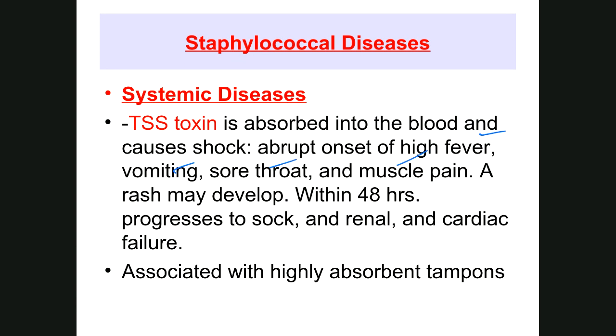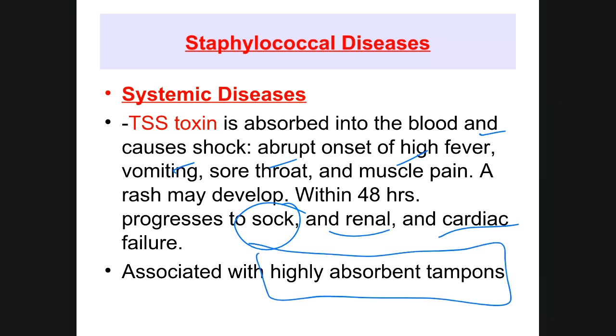However, very, very quickly, the patient is going to go into shock, low blood pressure, renal failure, cardiac failure, and death. The disease has been associated with highly absorbent tampons, because the organism will proliferate in an area that is humid with blood, etc.